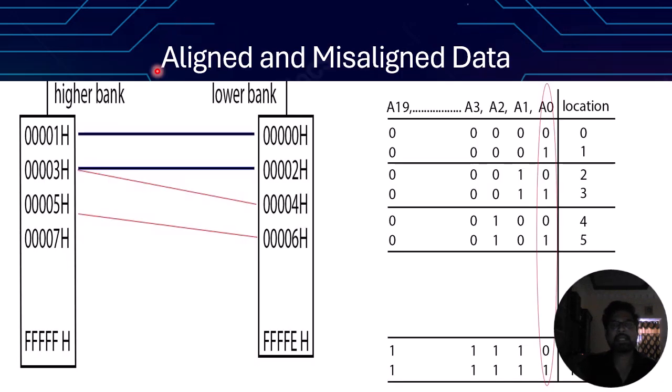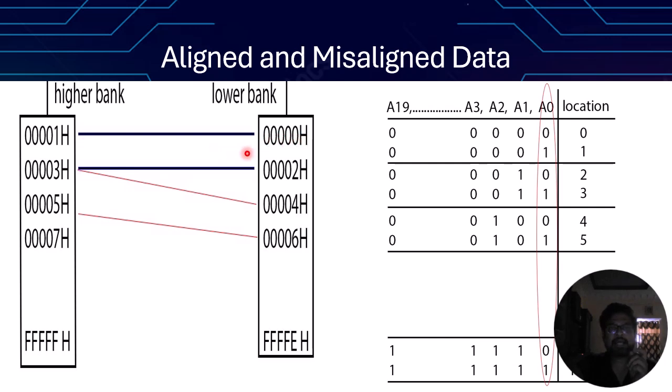Now let us see how data alignment affects memory access. There are two types of data: aligned and misaligned. A 16-bit data is said to be aligned if it starts at an even address.